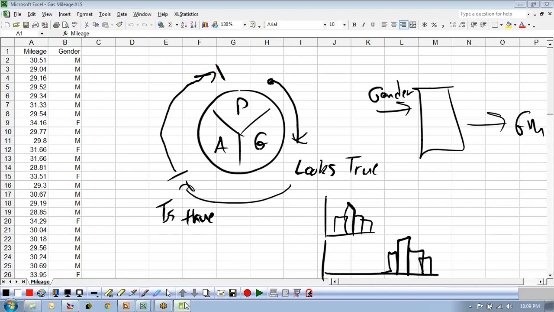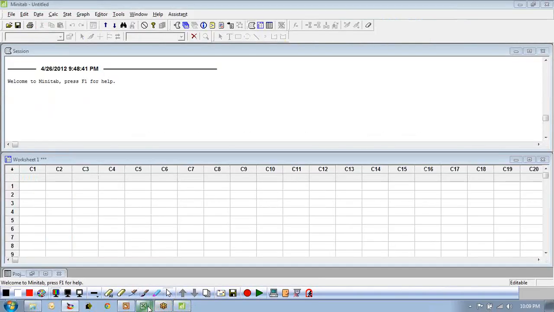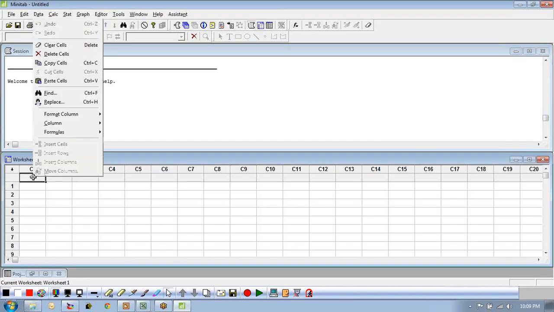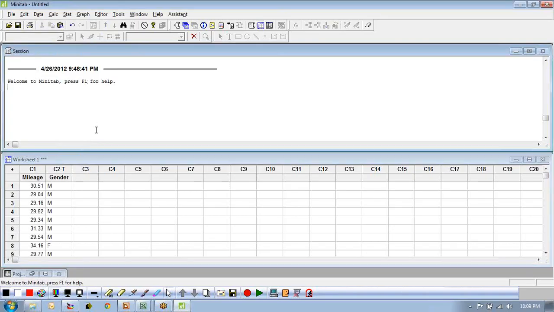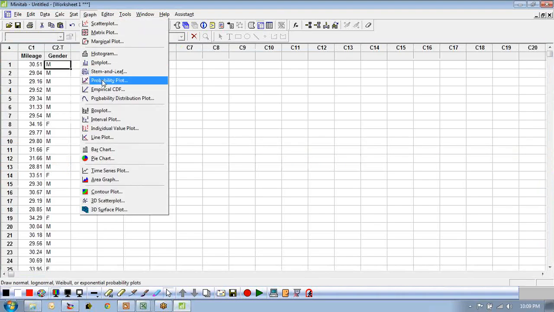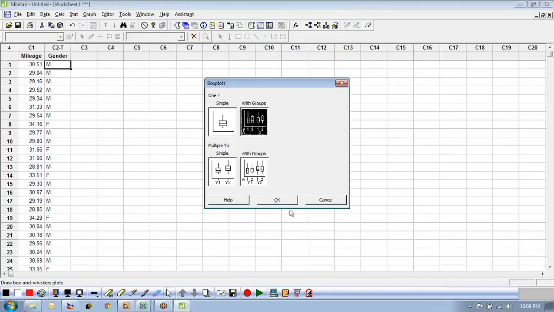Let me show you how to do the test in Minitab. Also pretty straightforward. The hardest part in Minitab is you've got to get the data in there. But you'll also notice in Minitab that we'll have to learn that this was a statistical test that we did. See, Minitab can do box plots too.